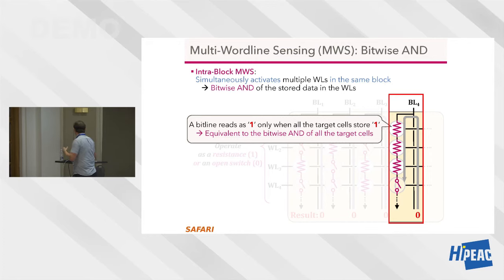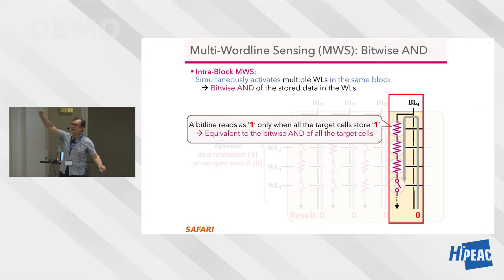And the reason is a bit line reads as 1 only when all of the target cells store 1, because that's when the current is conducted. If one of these cells stores 0, it's an open circuit, which means that you get a 0 in the output. All of these cells should be 1 so that the circuit is closed. And that's the basic operation of NAND, because this is why it's called a NAND string.